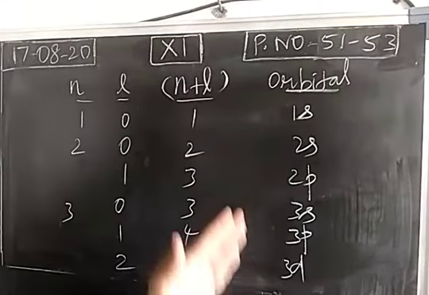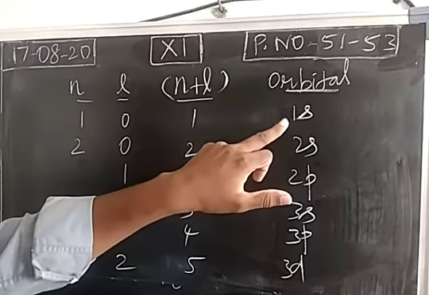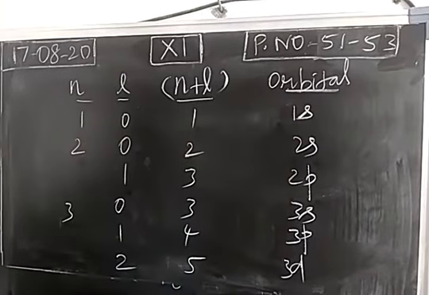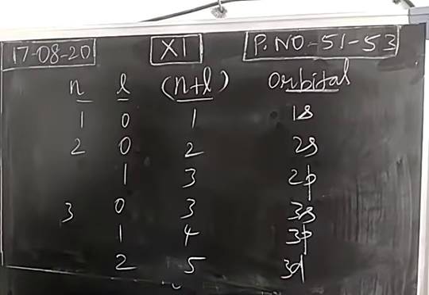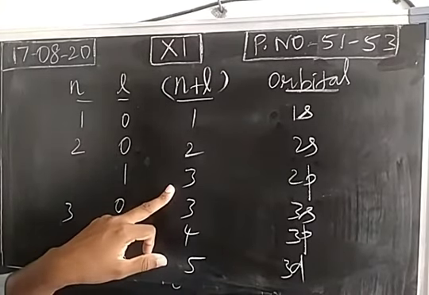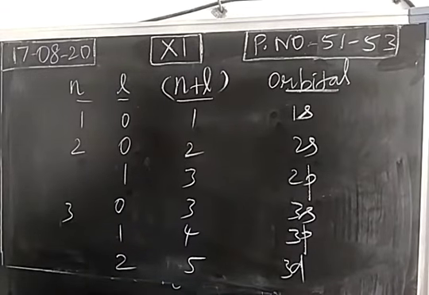So you take the orbitals which have the lowest n plus l value. 1s orbital has the least value, so this has the least energy. Then n plus l value 2. Comparing 1s, 2s orbital has more energy. Then n plus l value 3. Comparing the 2s, 2p orbital has more energy.